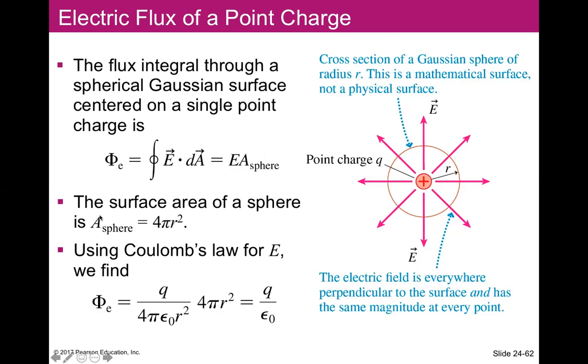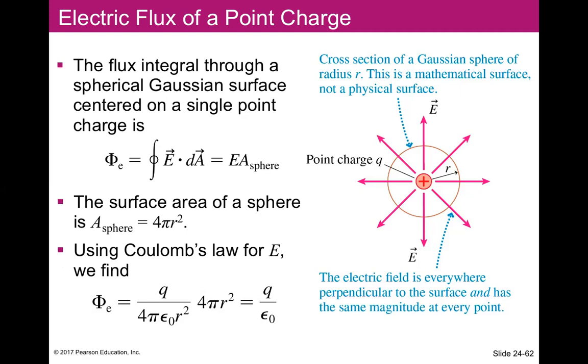And then we all know how to calculate the sphere area, which is 4 pi r squared. And then we can calculate phi equals to, first, we can calculate the E here, which is Q over 4 pi epsilon r squared, and then times the area, which is 4 pi r squared. When you cancel out the 4 pi r squared, you get Q over epsilon, which is the flux.